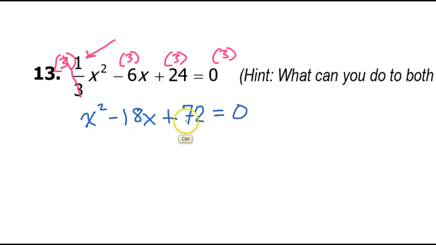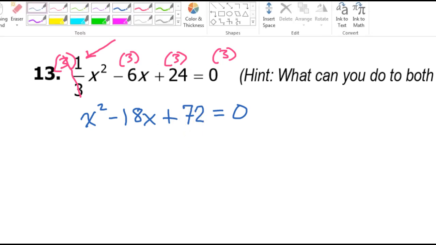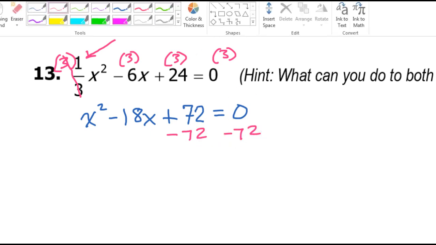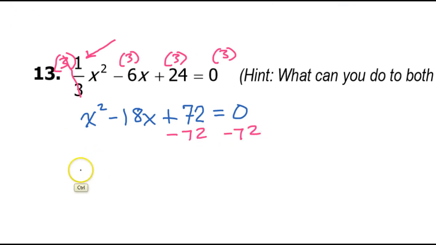Well, 72 is not even a perfect square, so I know that that's not the right number. So I'm definitely going to move this out of the way by subtracting 72 from both sides. Okay, so that's going to leave me with x squared minus 18x. Leave a space here, and that's equal to negative 72.